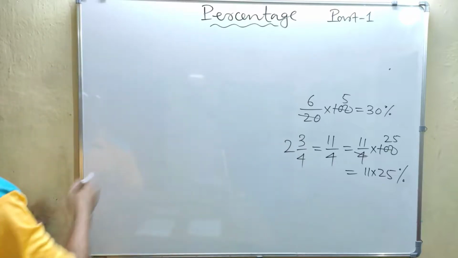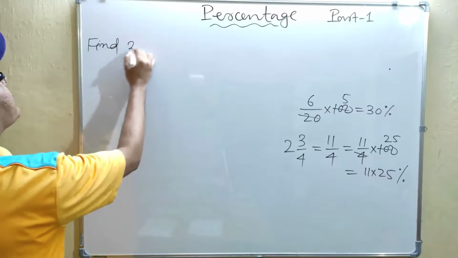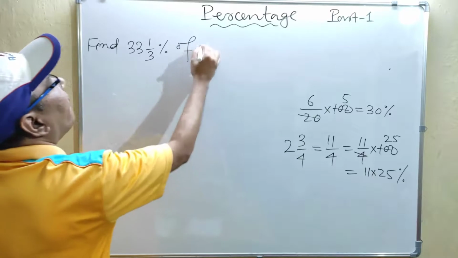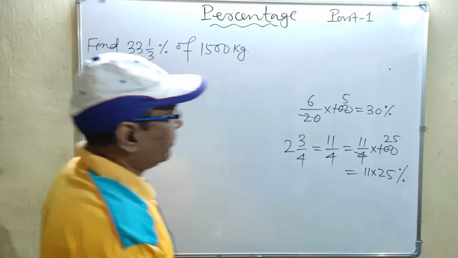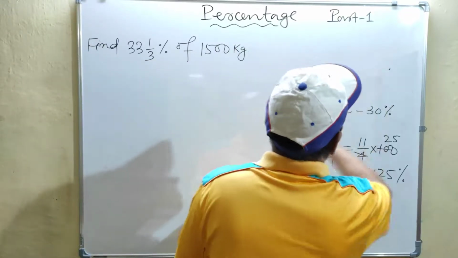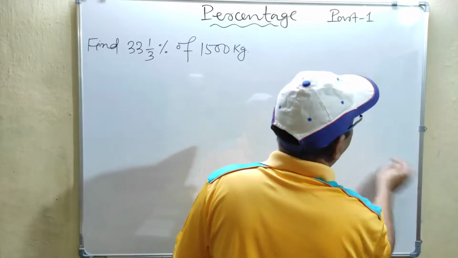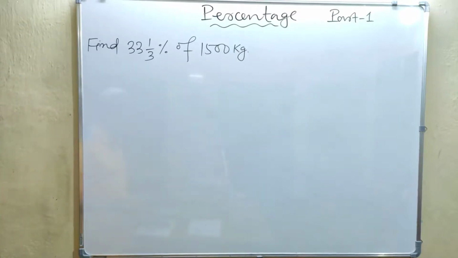Let us write, find 33 1 by 3% of 1500 kilogram. This is the question. Generally in 5, 6, 7 standard this type of questions are there. 33 1 by 3% you have to calculate of 1500 kilogram.